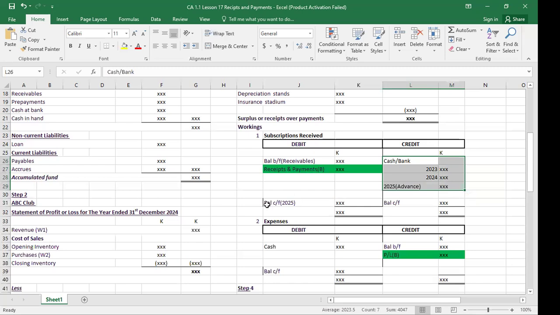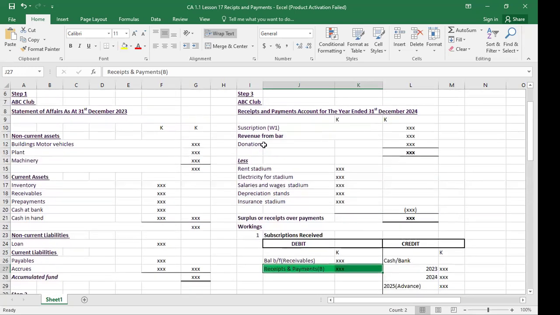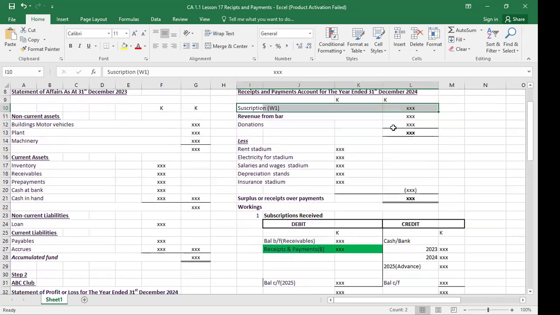And then here you deduct what has been paid in advance, and then you also deduct the balance brought forward, and then you're going to have a balancing figure here. That's the amount that we bring into the subscriptions account.